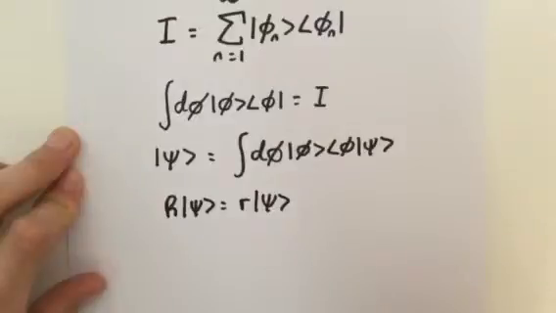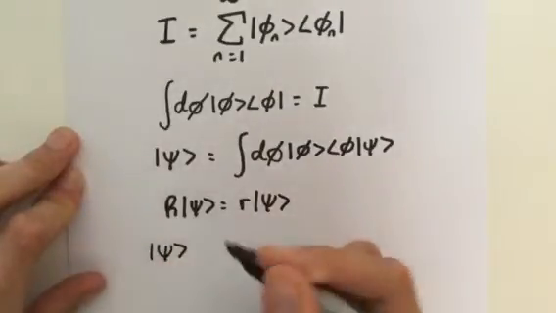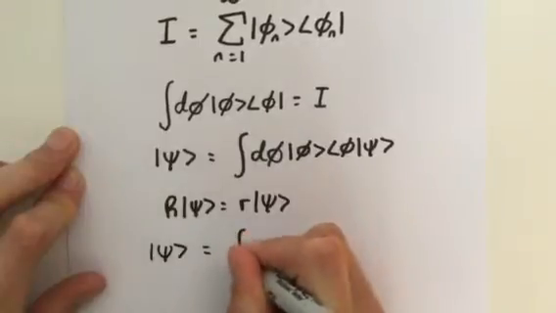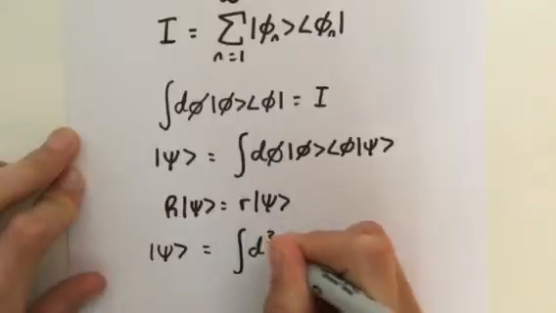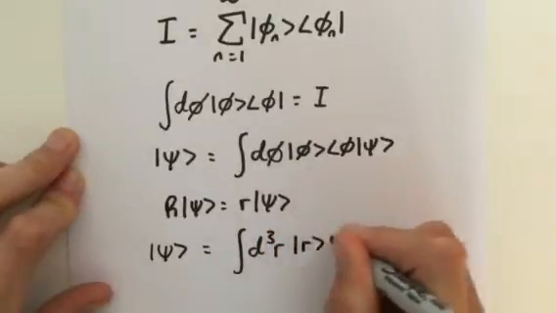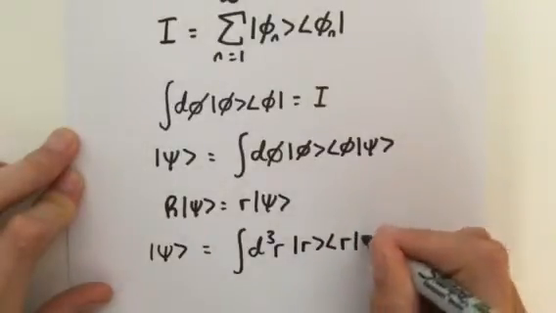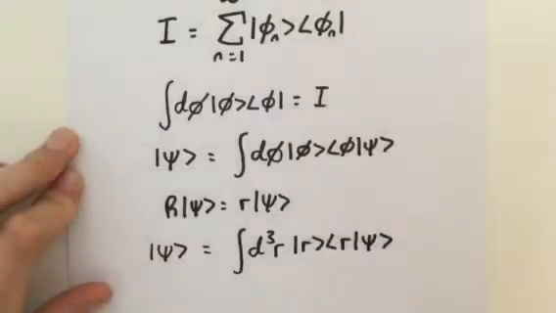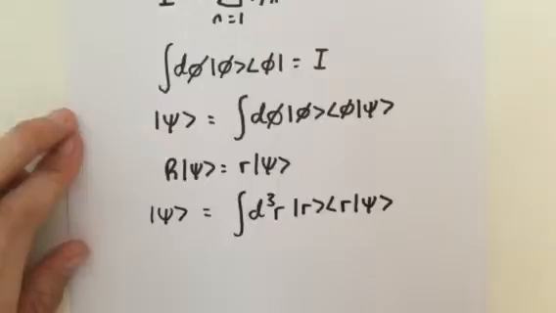You can expand any ket in the position basis like this. We have psi, which is equal to the integral of d cubed r, and of course we have r ket and then the bra r with psi.